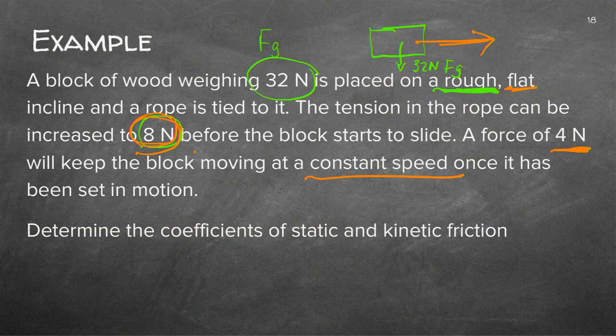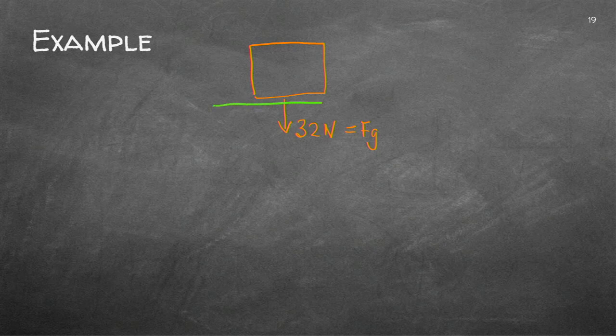The question they asked me: determine the coefficients of static and kinetic friction. I'm firstly going to draw my diagram. I've got this block. I've got 32 newtons as the weight, which is the Fg. Remember, I've got a surface. I've got that surface there. It's touching.